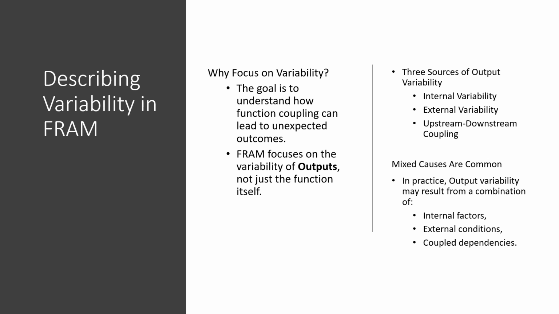This, as we'll see later, is the basis for functional resonance, where small variations combine and amplify. The reality is mixed causes are common. In practice, output variability will result from a combination of internal factors, external factors, and coupled dependencies.